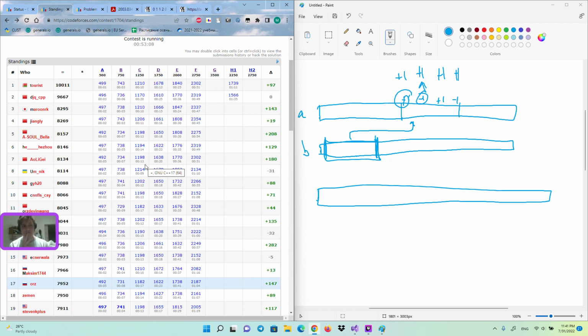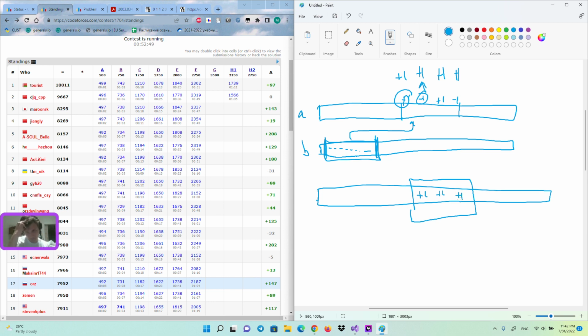So again, we have some array of numbers, and we can check whether we can find it in A, possibly with some plus ones, but not minus ones.